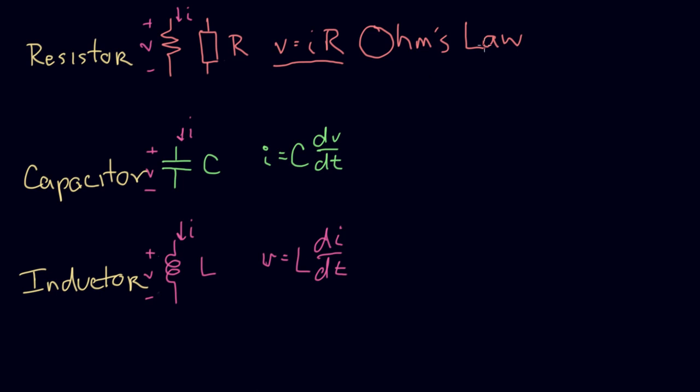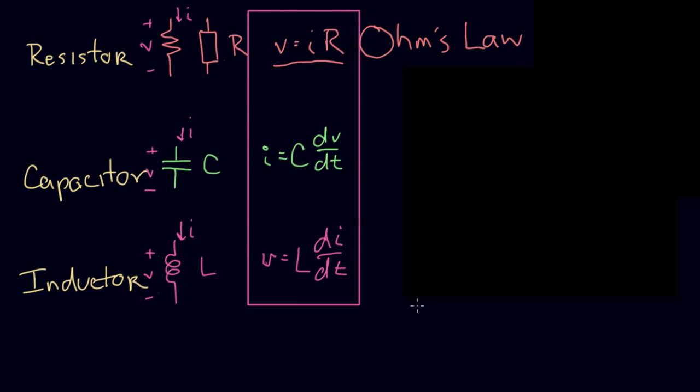Here they are. These are our three element equations, and we're going to use these all the time, those three equations. One final point I want to make is that these are ideal components.